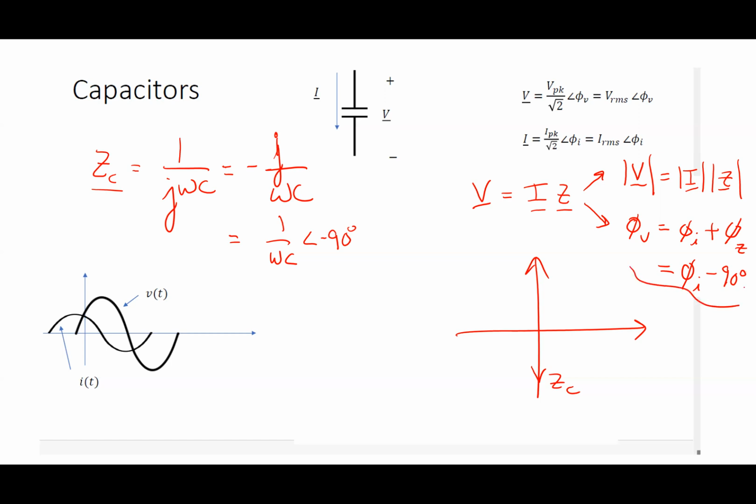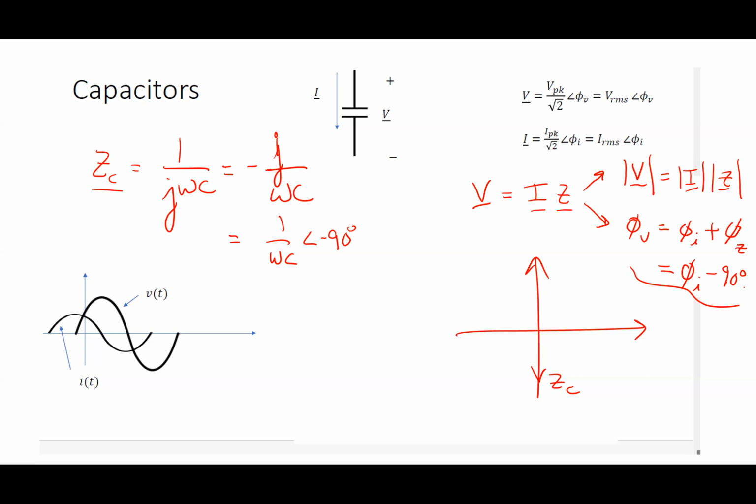So it says phi I minus 90 is phi V, meaning that I have to subtract 90 degrees from the angle of the current to get the angle of the voltage, because I is leading. So I have to subtract 90. What's the angle between here and here?